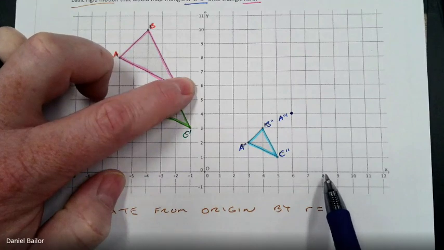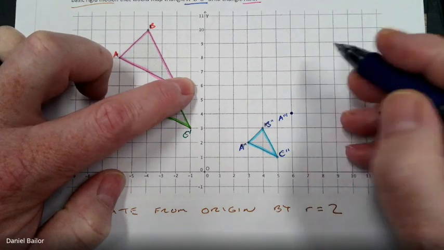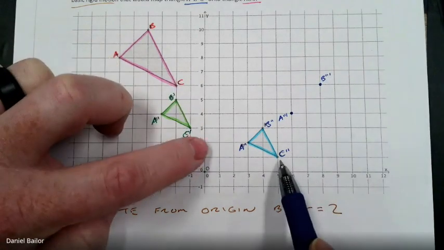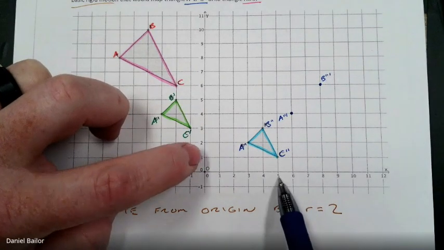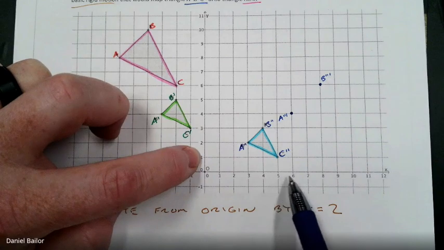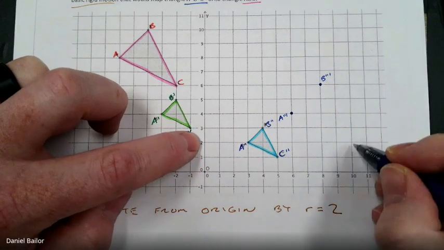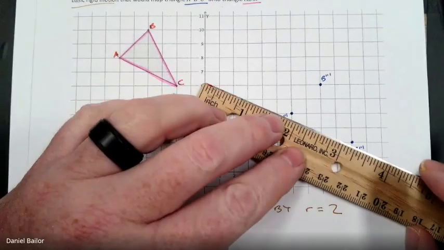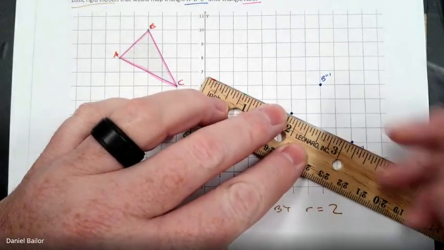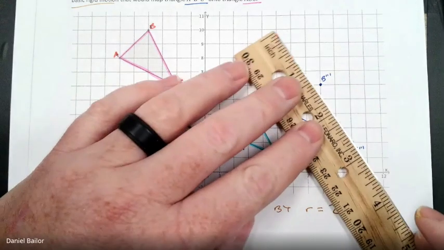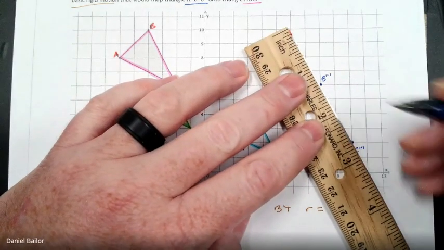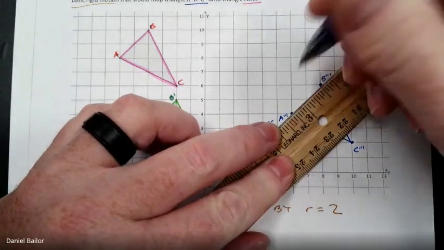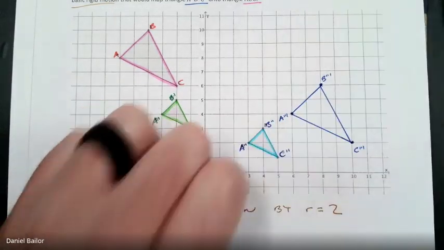So B triple prime is going to be right here. And C double prime is 5 and 1. So that's going to turn into 10 and 2. So C triple prime. Lots of primes. Let's connect our dots so we can see the triangle. And that is our triangle after the dilation.